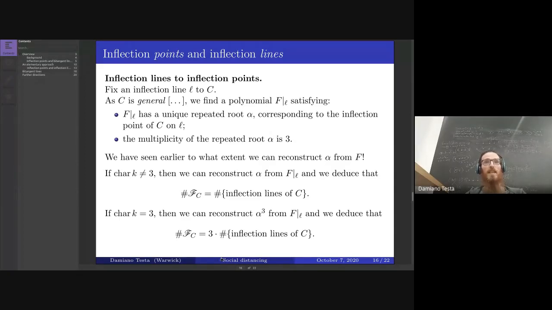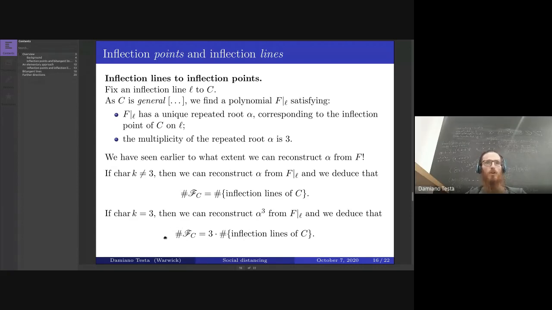We're getting a map that is everywhere ramified of multiplicity 3, because every fiber is non-reduced, and every fiber has multiplicity 3. So this means that the size of the set that I see when I look at the projection onto that coordinate must be a third of the size of the set that I started with. And that's exactly where I get the divisibility by 3 on the set of inflection lines.